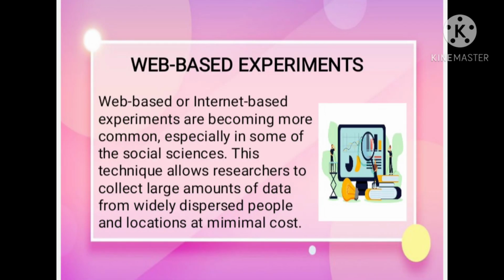Next, we have the web-based experiments. Web-based or internet-based experiments are becoming more common, especially in some of the social sciences. This technique allows researchers to collect large amounts of data from widely dispersed people and locations at minimal cost.